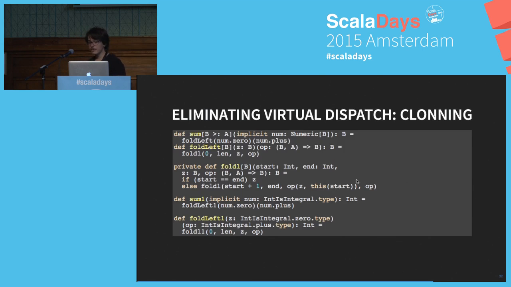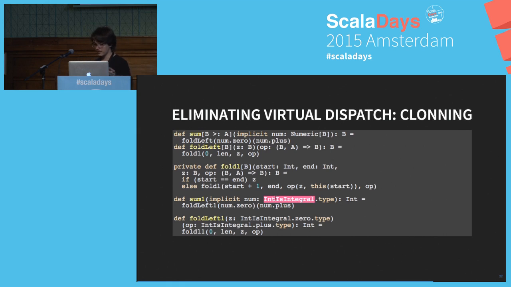Instead, I don't do inlining, I do cloning. So I see in which context this method sum is called. In this particular case, it was called with a specific underlying type, which is integer, and which led to a specific underlying type of numeric, which is integral. And because now in Scala and Dotty we have singleton types, we can actually express in types the fact that this particular clone of the method is always called with the same argument.